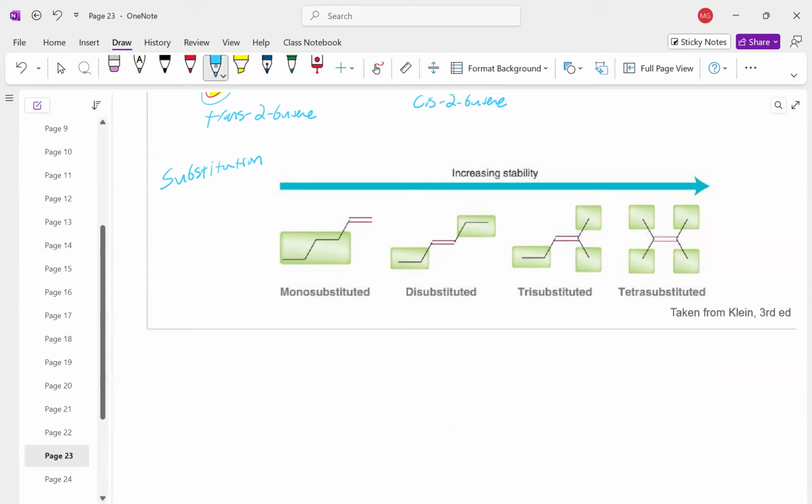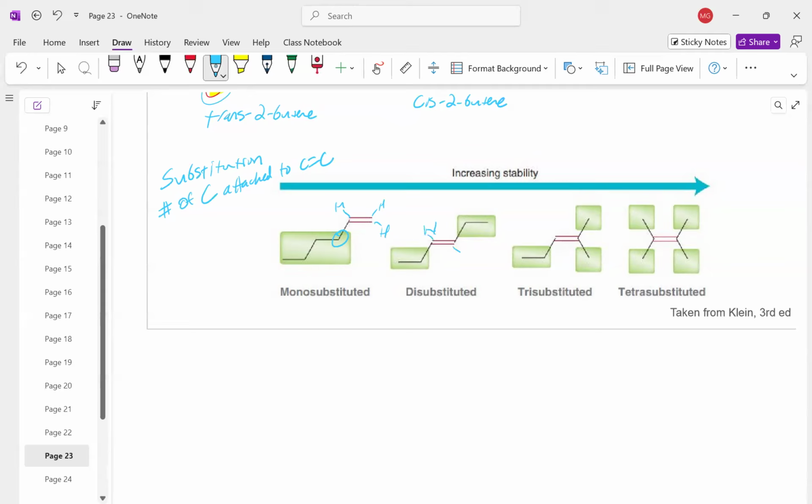What I'm looking at with substitution is the number of carbons attached to the carbon-carbon double bond. So if we look at this list going from left to right, in this first alkene, there's only 1 carbon directly attached to the double bond. So we say it's monosubstituted.